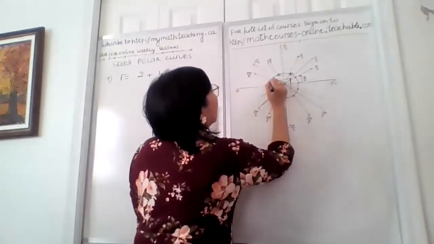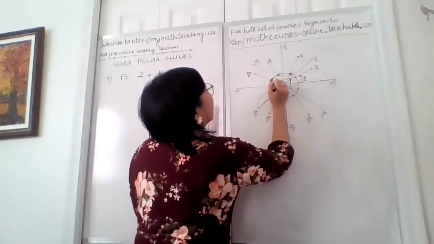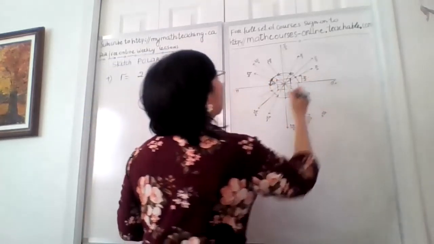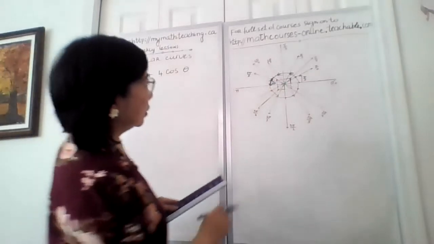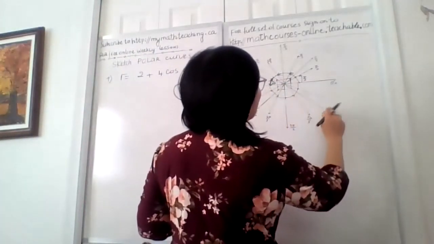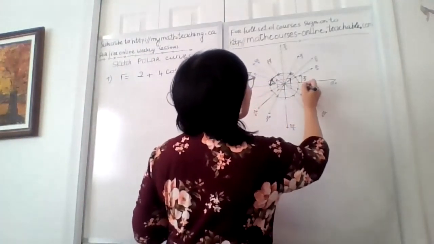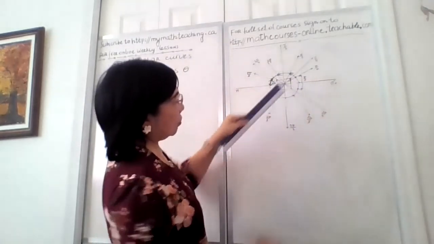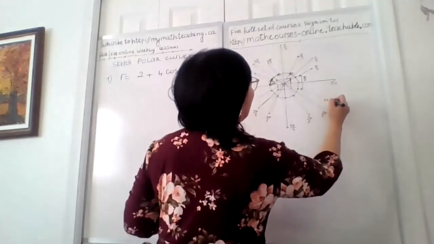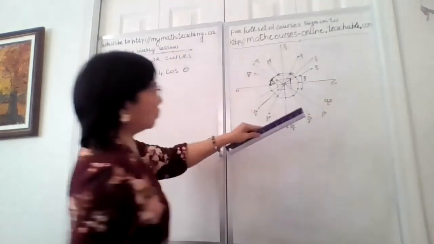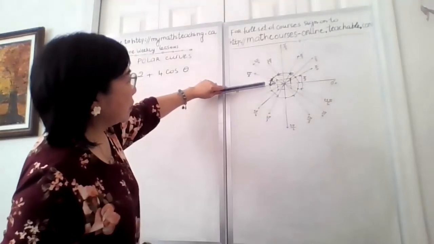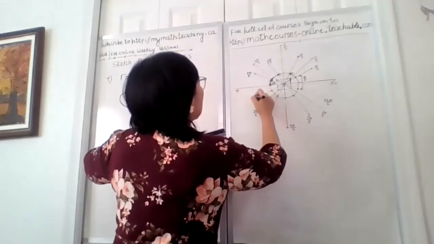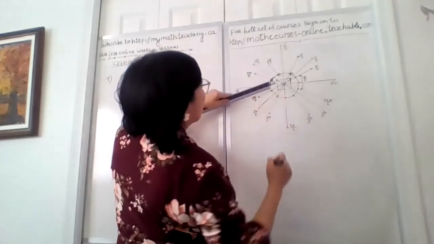So this shaded angle here is 5 pi over 6. On the way this way, this little angle here is 11 pi over 6. If you count it, you will get it, right? So here is 6 pi over 6, and this one is 7 pi over 6.